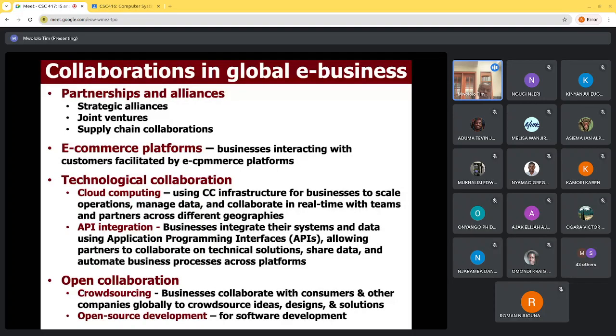And you go to a crowdsourcing platform where people can see the problem the client has, and people can bid and say, this is the solution I provide for that problem. You're crowdsourcing for ideas and solutions. And there could be a prize for the best solution.